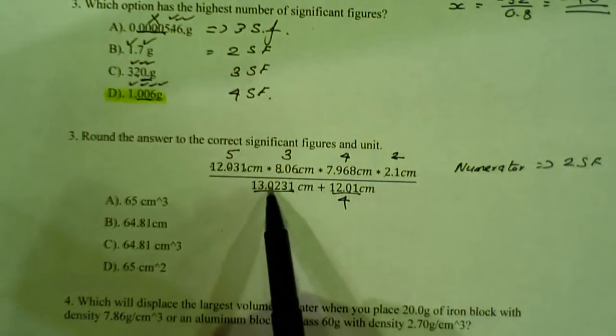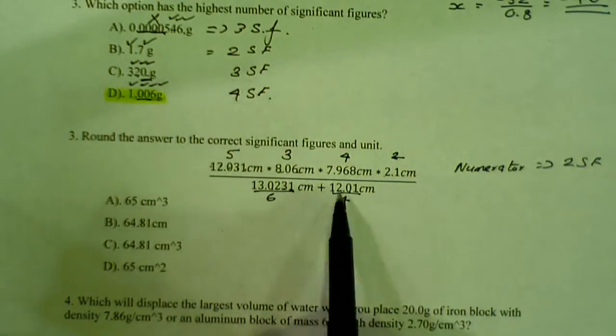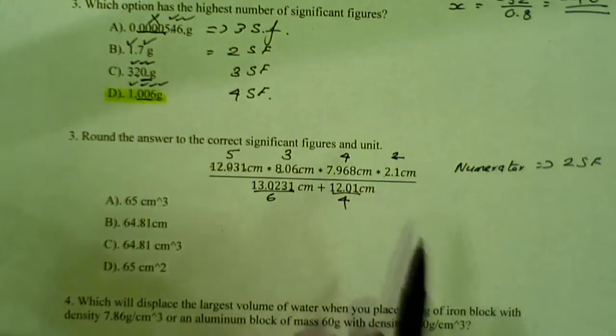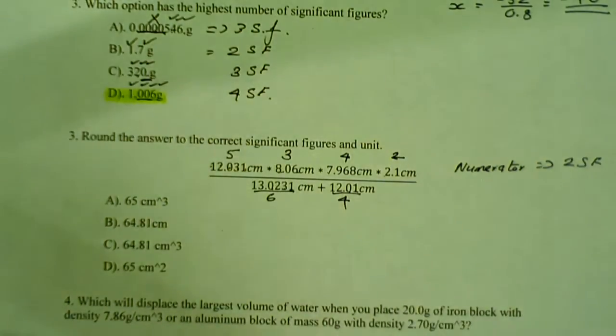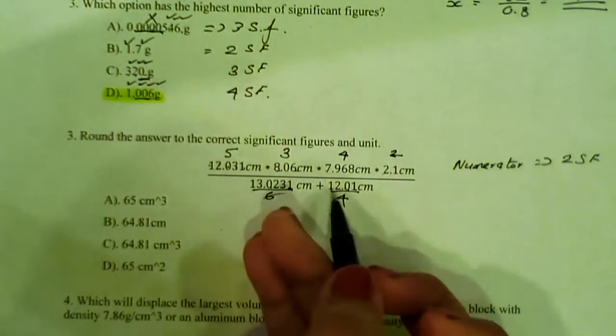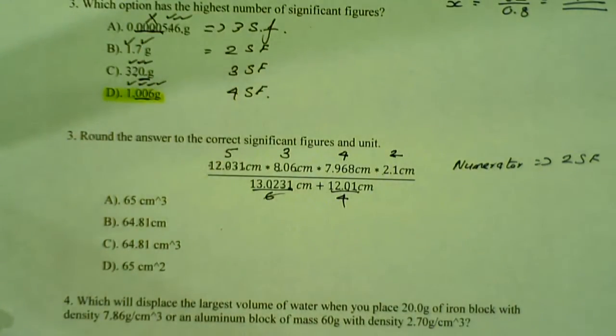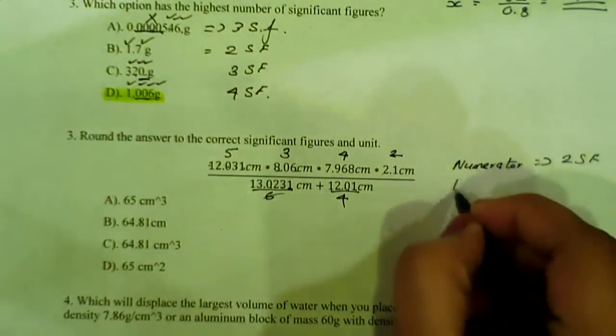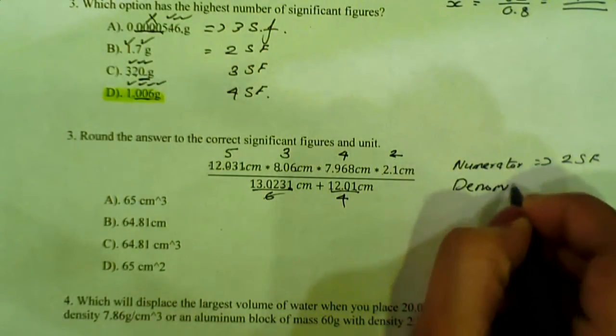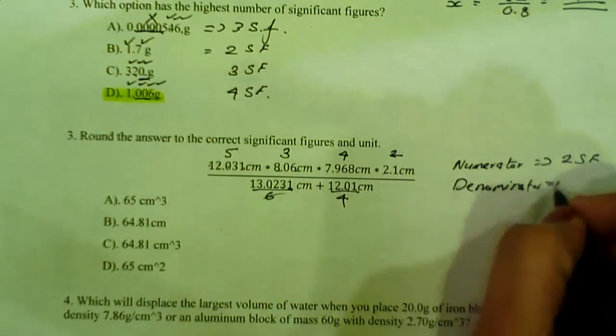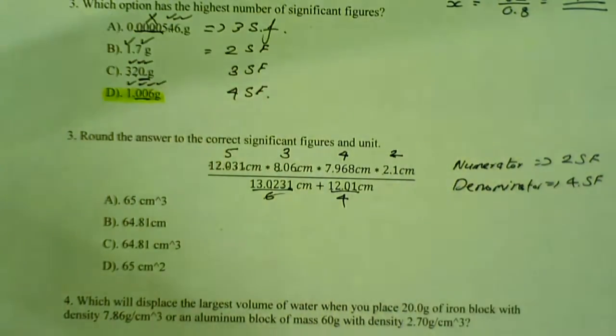This number has 4 decimal places, and this one has 2 decimal places. So for the denominator, your answer will have 2 decimal places, and since it is 13 point something plus 12.0, there will be 2 digits before the decimal point also. So your denominator will have 4 significant figures.